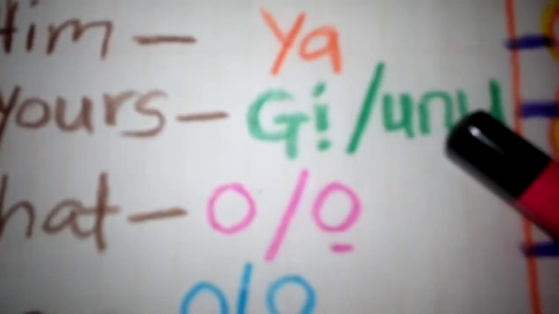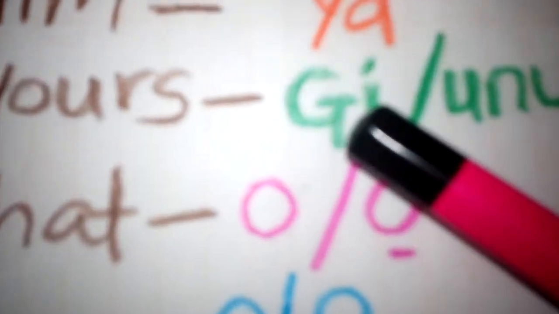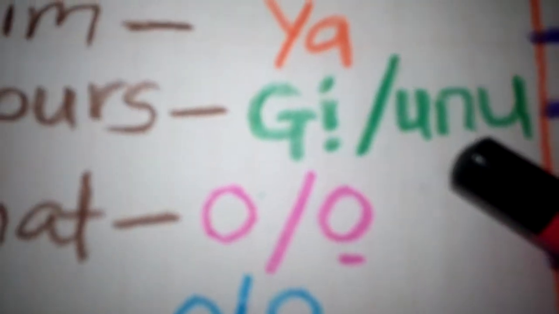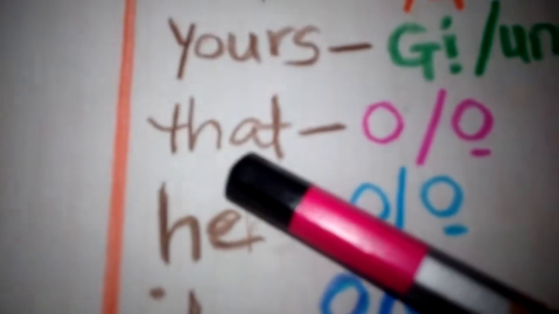Okay, gi or unu, that's singular, one person, gi. If more than one person, you use unu. That, o or ọ. Okay, the same with the she. So you need to go back to the vowel harmony.